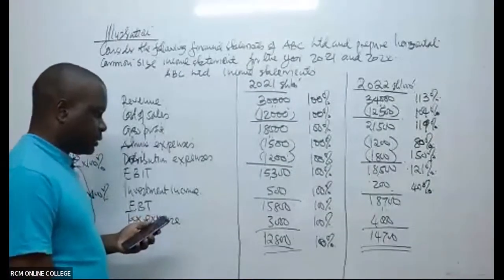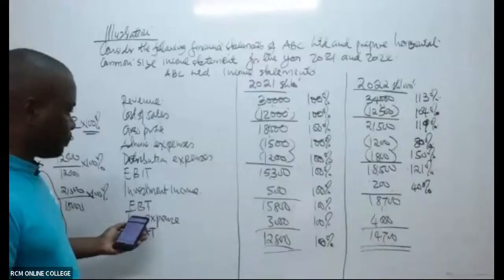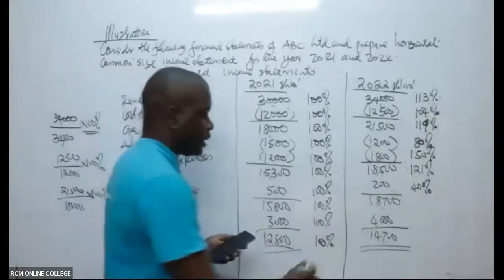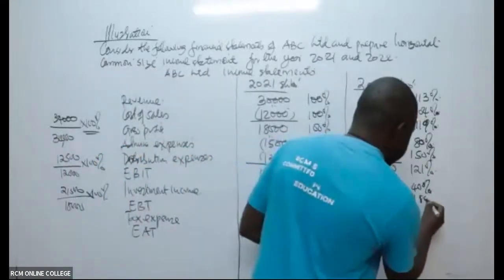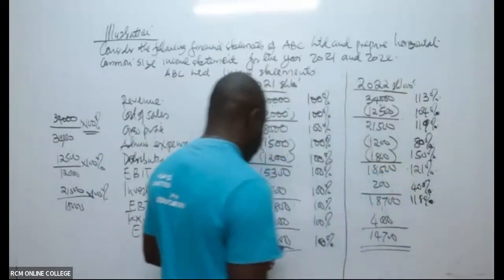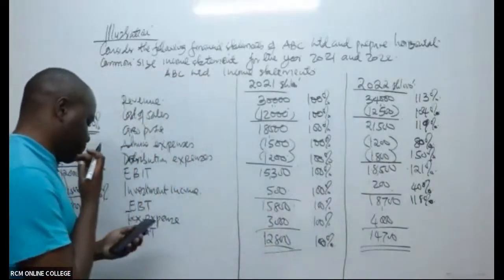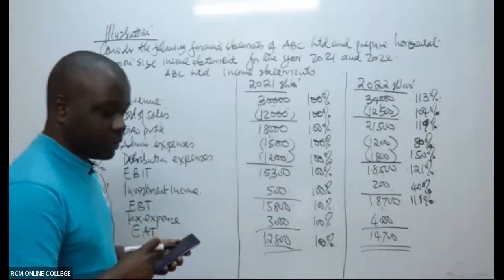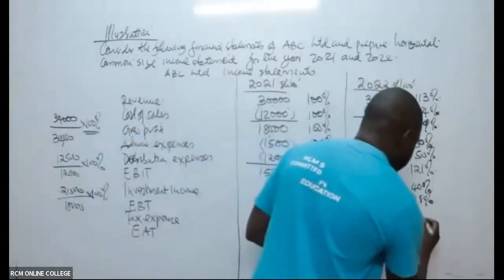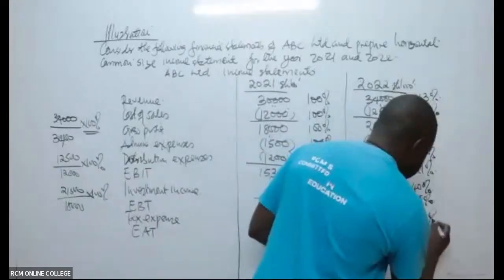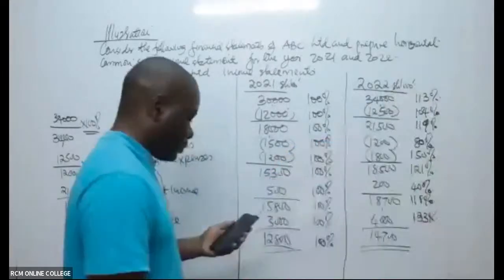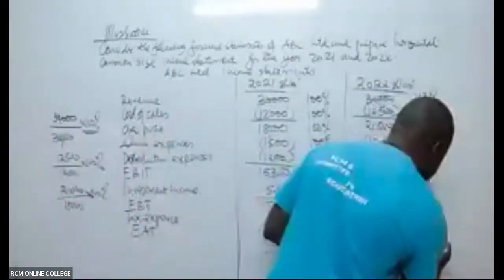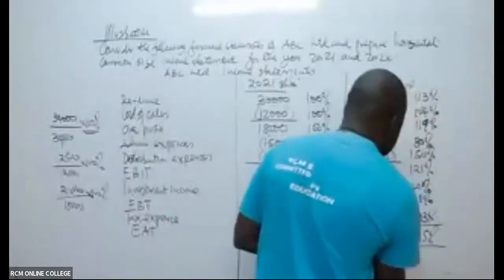The tax expense, I think 1% or 18%. What about the tax expense? Is it 133? 133. Then the last item, yes, 115%.